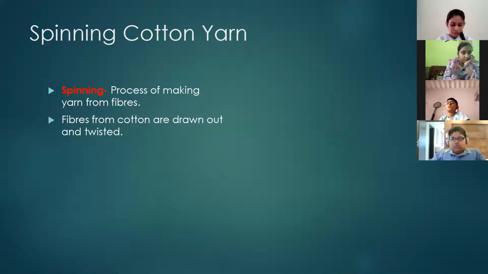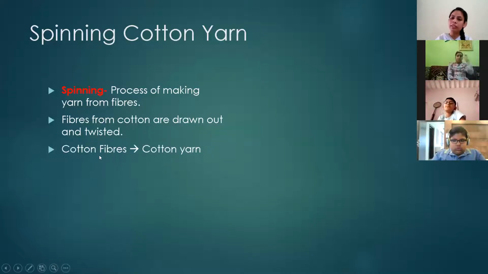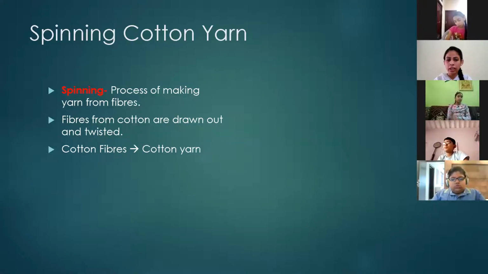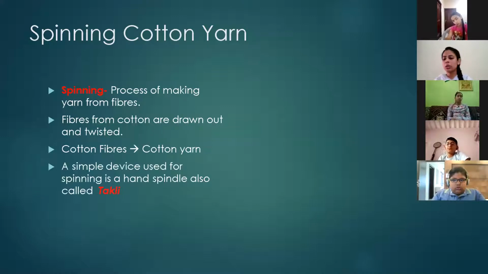So in this we are able to form cotton yarn from cotton fibers. This yarn is used to make fabric. Are you getting my point? Next, this process that we are doing is a very slow process, so a further invention took place in which there is a use of takli.